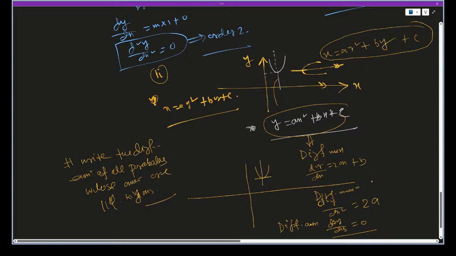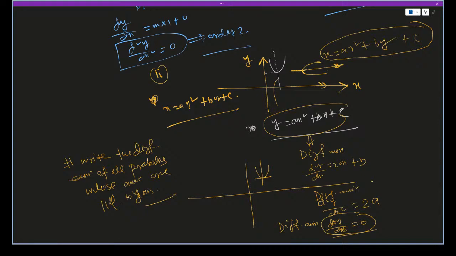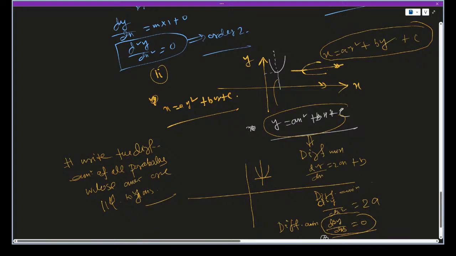So if a problem arises in this manner, by now you can write this form directly. Relate the equation of the parabola with this: d cube y by dx cube equal to 0 for y equal to ax square plus bx plus c. In the other case, you get d cube x by dy cube equal to 0.